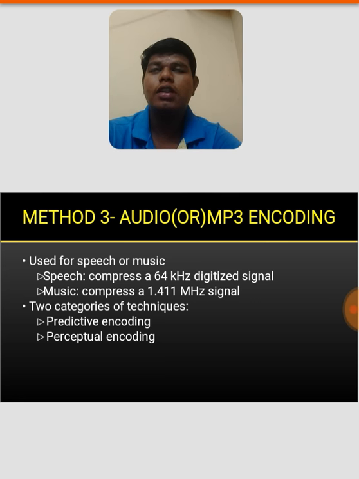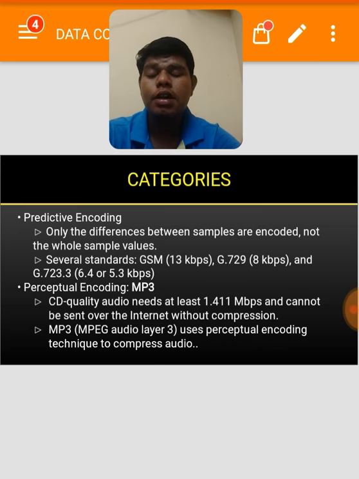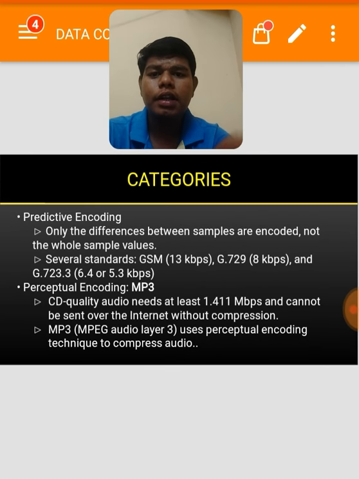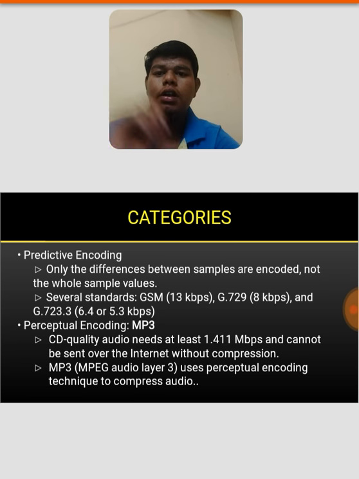What is meant by predictive? Things which can be predicted before the encoding; perceptual is what cannot be predicted. In predictive encoding, only the differences between the samples are encoded, not the whole sample values.